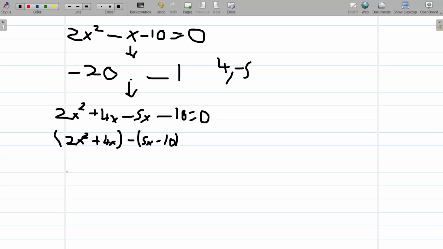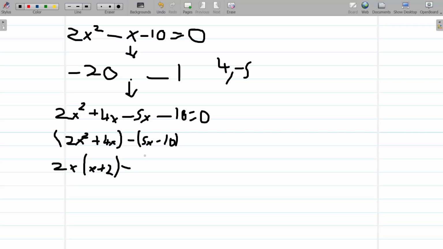So then with that, we're going to take out as much as we can on the outside of the brackets. So we've got 2x squared plus 4x, so the most we could take out is 2x. So that would leave us with x, because 2x squared divided by 2x would just leave us with x, plus 2, because 4x divided by 2x just leaves us with 2.